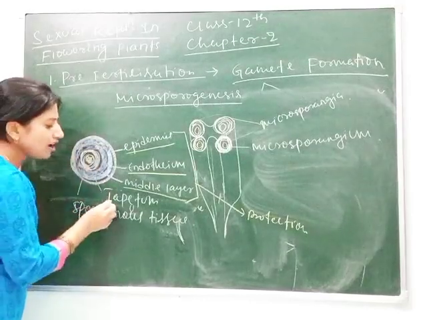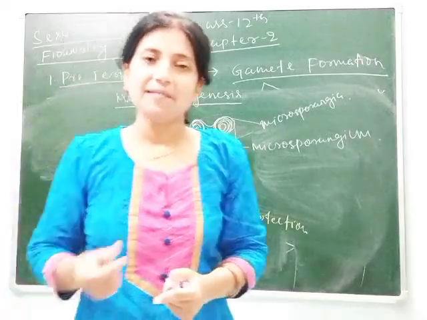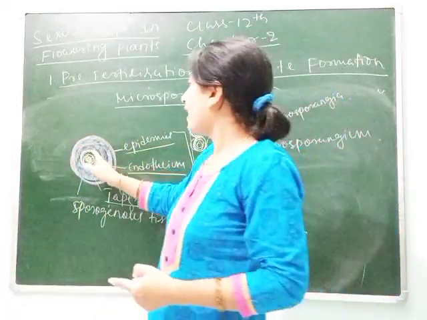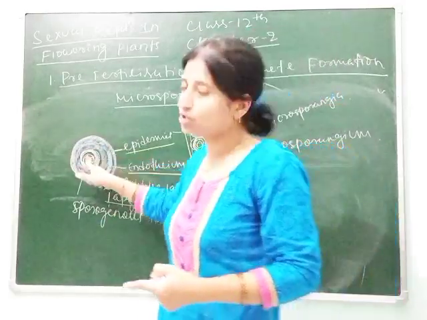Then the role of the tapetum. The tapetum is made up of tapetal cells. They are present around the sporogenous tissue and they give nutrition to the sporogenous tissue.